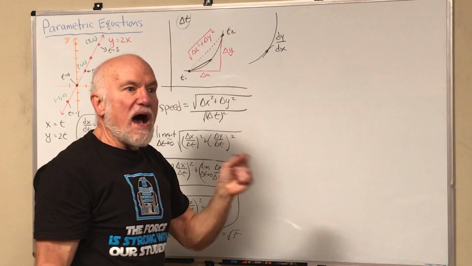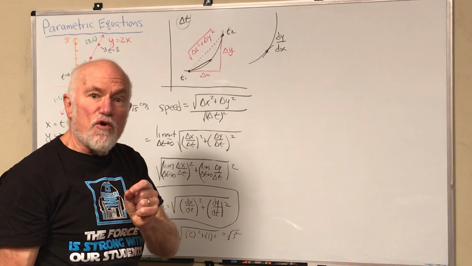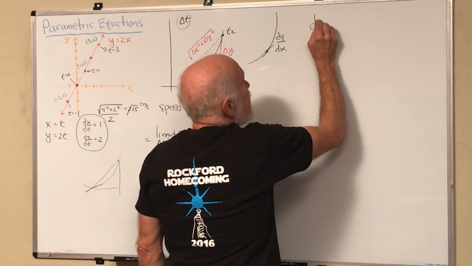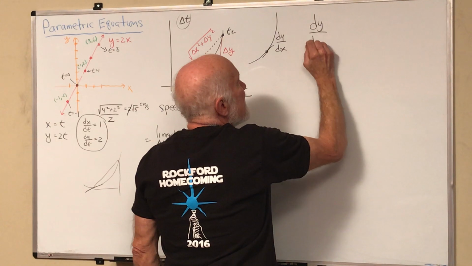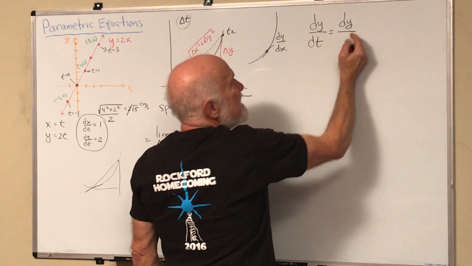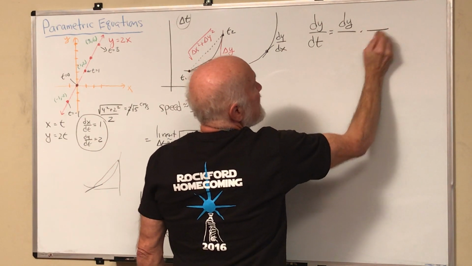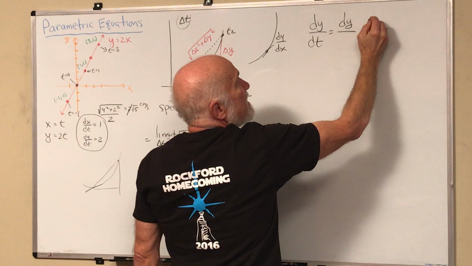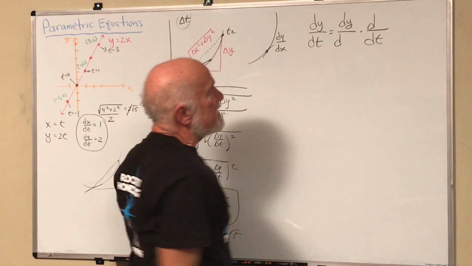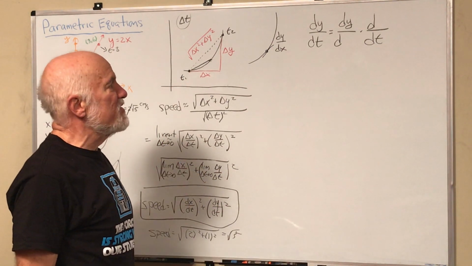But we have x and y in terms of t. So what we're going to use is the second form of the chain rule that we learned. If we want to take dy/dt, we can take dy with respect to any other variable times that same variable with respect to t. That was the second form of the chain rule that we used sometimes.